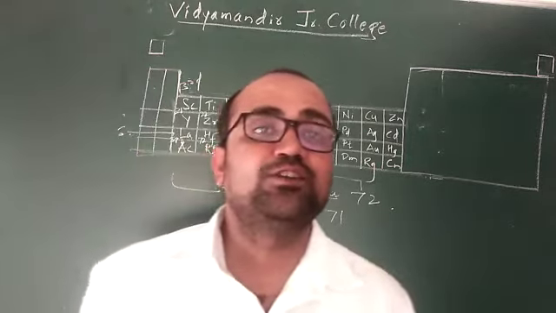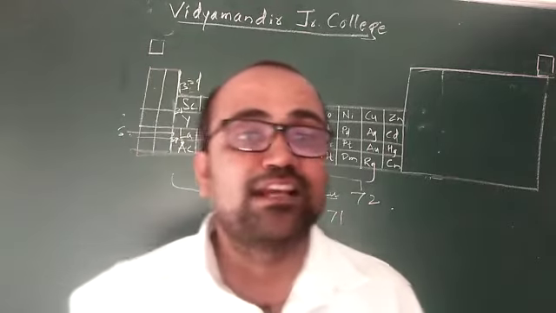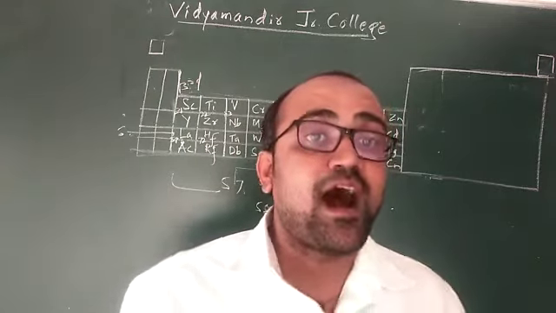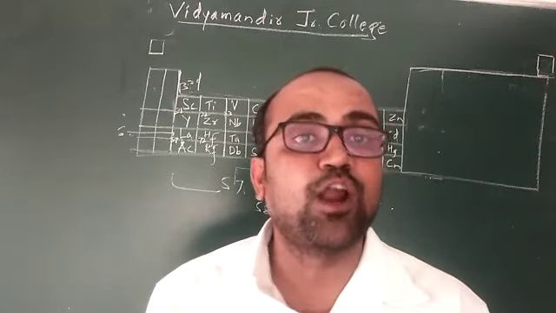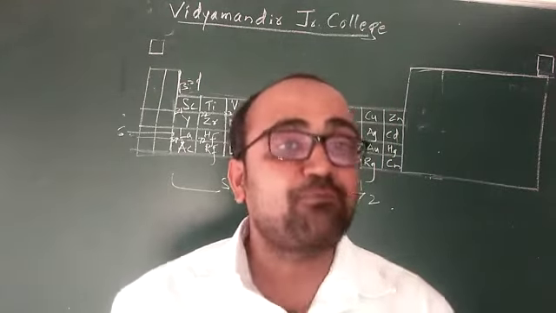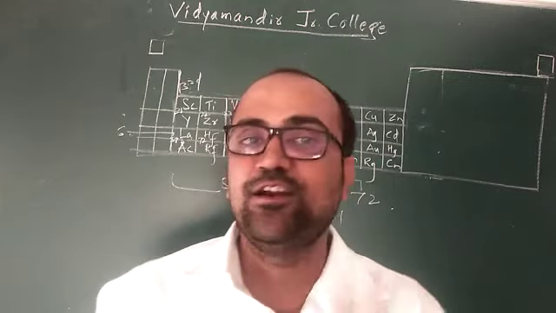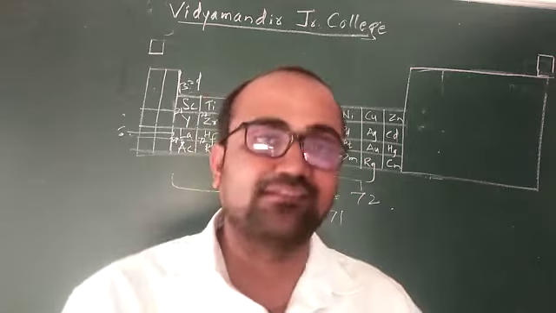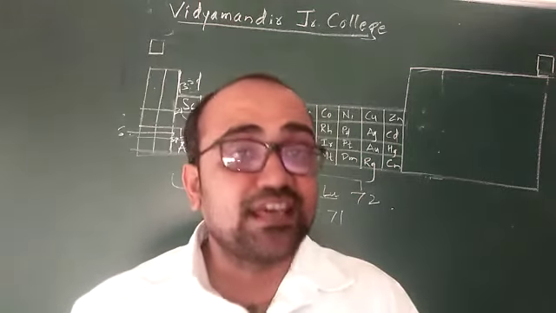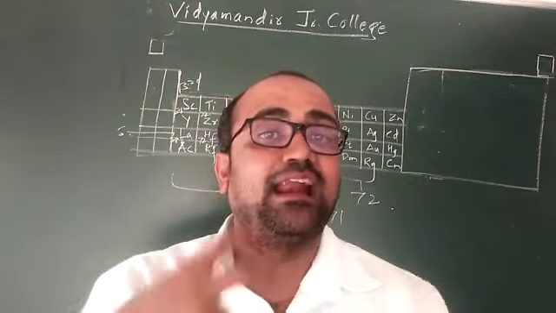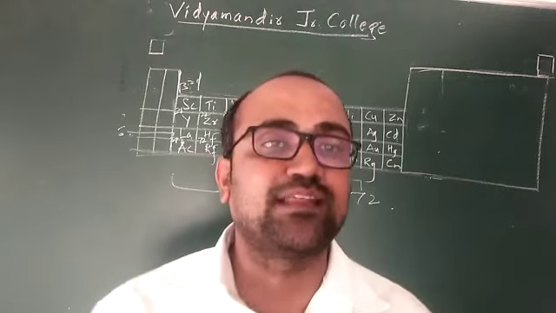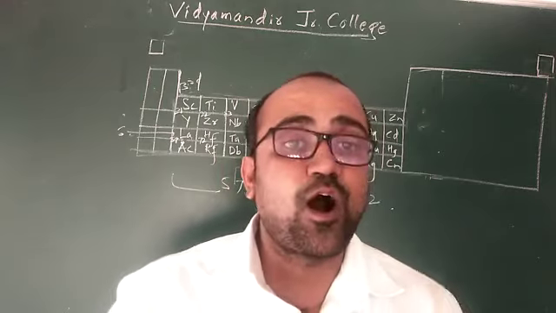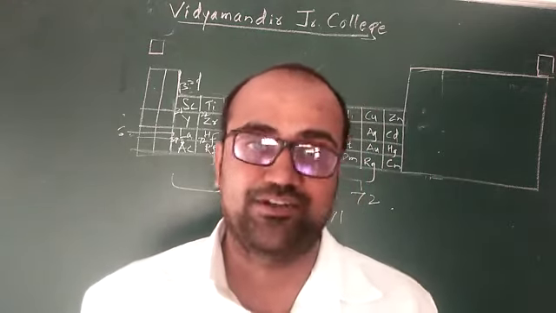The elements whose last electron enters the n minus 2 f orbital are known as f block elements. So f block elements will contain two series. First inner transition series lanthanoids, second inner transition series actinides, and lanthanoids and actinides together are known as inner transition elements or F block elements.